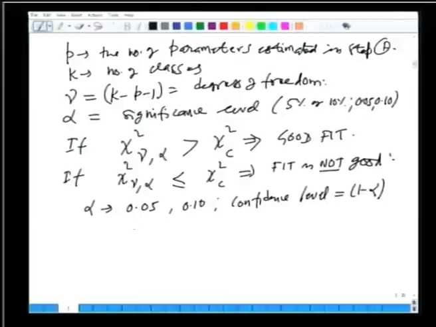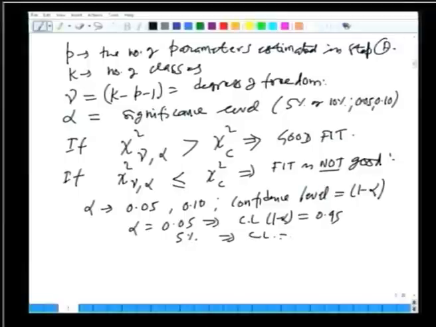Okay. So, if alpha is equal to 0.05, then your confidence level, which is 1 minus alpha, will be what? It is 0.95. Okay. Or if it is 5%, then confidence is 95%. Okay. So, this is the most popularly used significance level, 0.05.